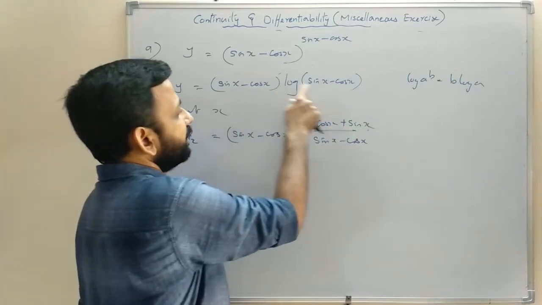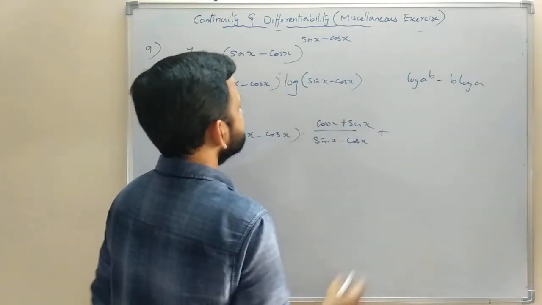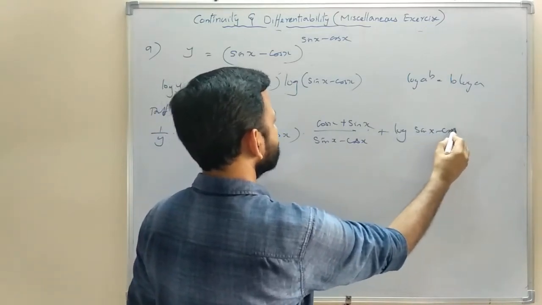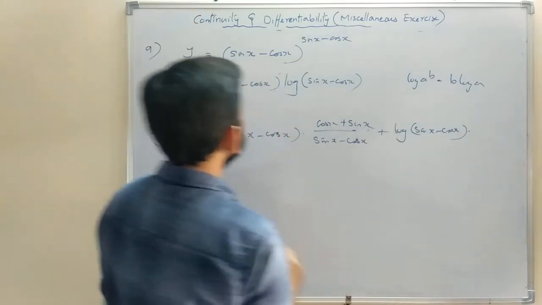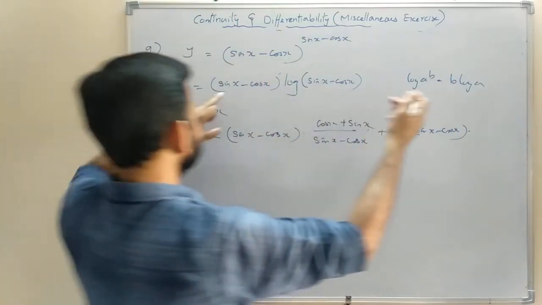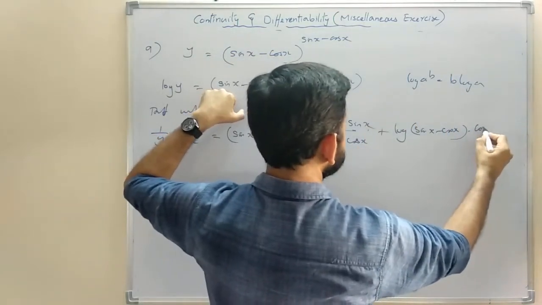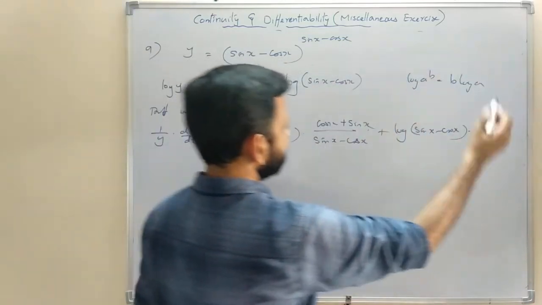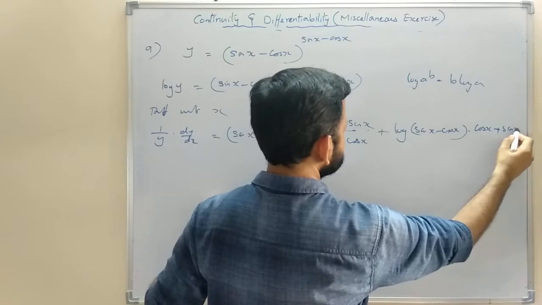So first function into the derivative of the second, plus the second function, log sin x minus cos x, into the derivative of sin x minus cos x, which is cos x plus sin x.